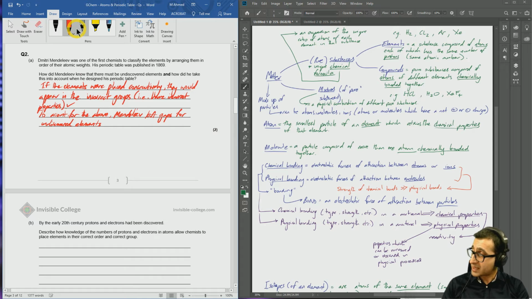And as we saw, his predictions about the properties of those undiscovered elements turned out to be remarkably correct when those elements were in fact discovered. So this would get you the 2 marks for this exam question here.